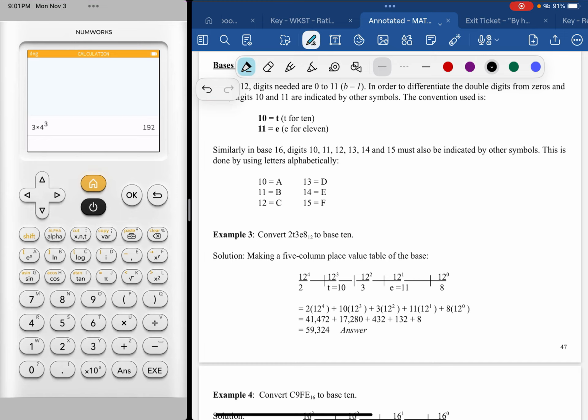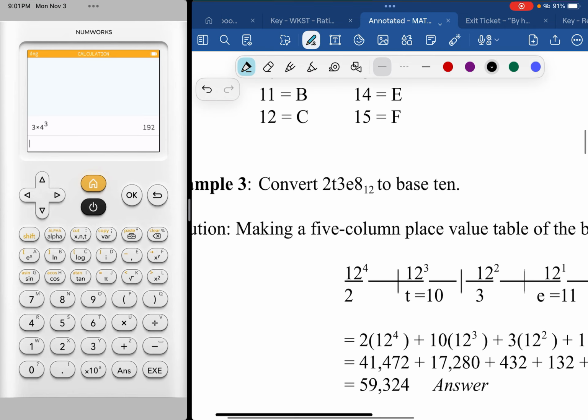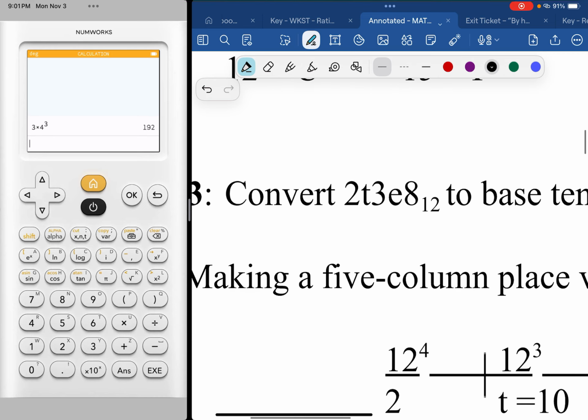But if I want to convert something from base 12 to base 10, I'm looking at, again, the place values. So this is 12 to the 0th, 12 to the 1st, 12 to the 2nd, 12 to the 3rd, and 12 to the 4th. Obviously, for the larger bases, or rather more characters in each base, the more complicated the math gets, and the more likely you are to incorporate a calculator into your investigations.